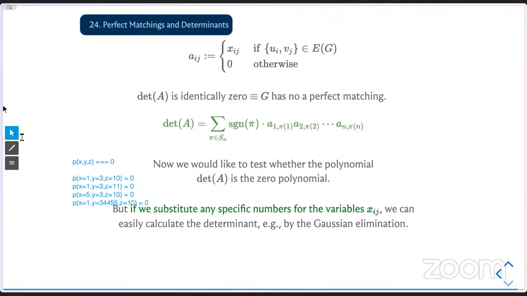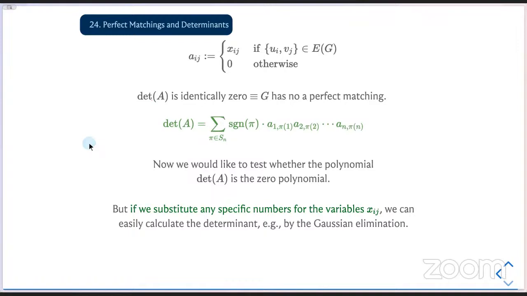Exactly. If you keep getting 0 when you prod this black box many, many times, then your confidence that it's an identically 0 polynomial slowly increases. Because if it was truly not identically 0, I'd probably have hit a non-zero instance somewhere, some place where the polynomial evaluates to something other than 0.